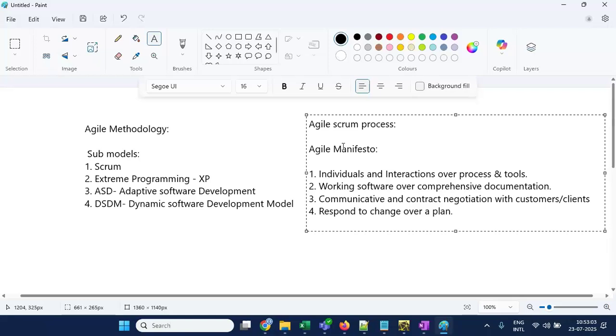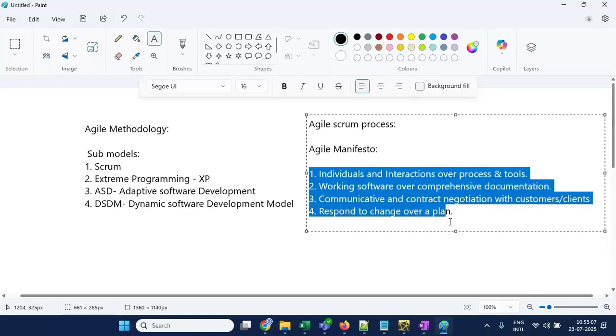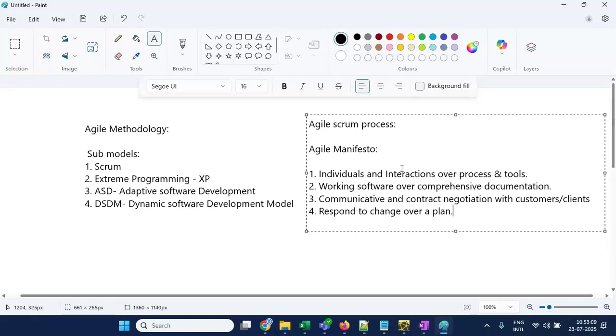To go with the agile process, you should understand these 4 rules. First, individuals and interactions over process and tools. Let's say, for example, you worked in a V&V model in your previous company or the same company with a different project. If one project was completed in 2 years, we will allocate the second project.